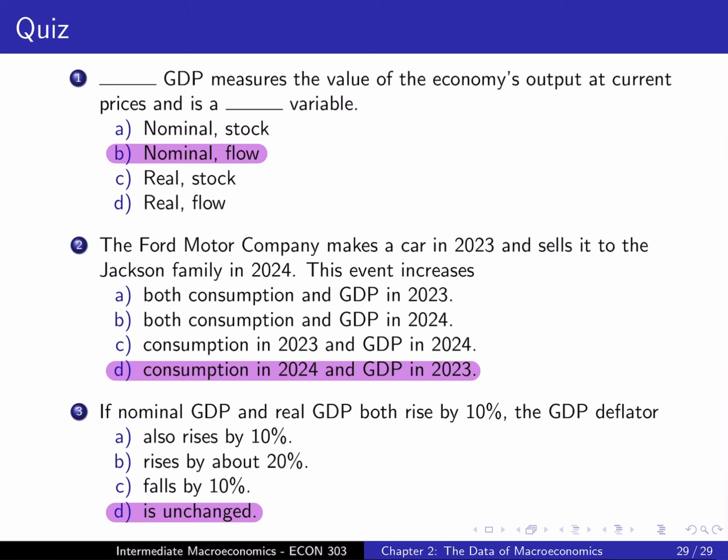To wrap up this chapter, we explored the key measures of economic performance: GDP, CPI, and unemployment rate, and how they are constructed and interpreted. We examined the differences between nominal and real variables, how inflation is tracked using indices like the CPI, GDP deflator, and PCE deflator, and why CPI may overstate the cost of living.